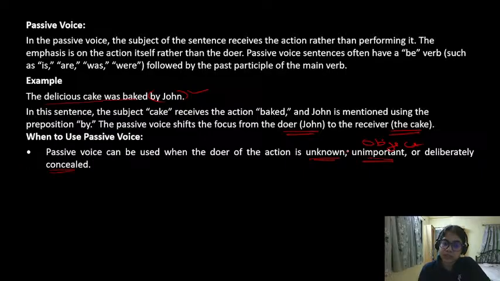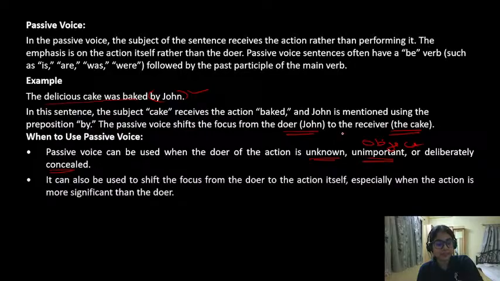Maybe he works in the CBI, maybe he works in the FBI where his identity has to be concealed. So we will not mention the doer. It can also be used to shift the focus from doer to the action itself, especially when the action is more significant than the doer.